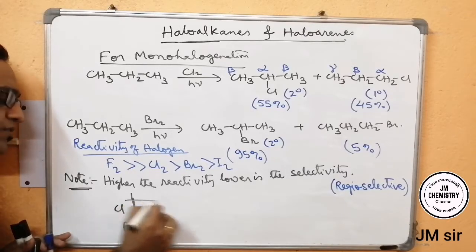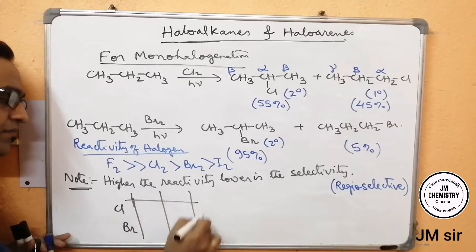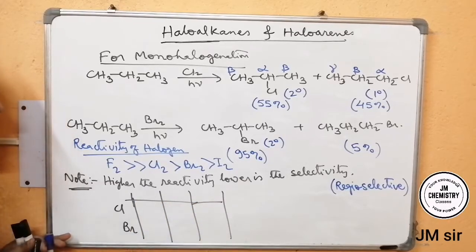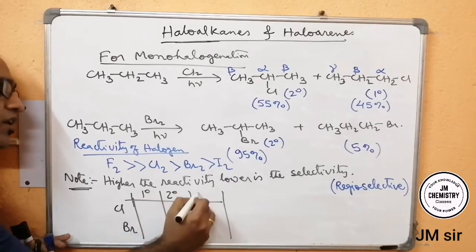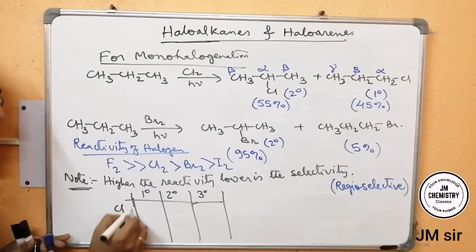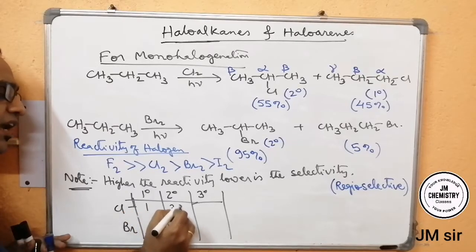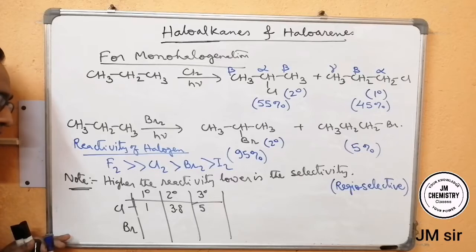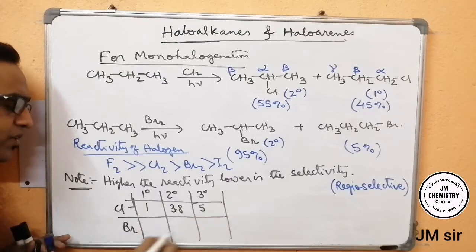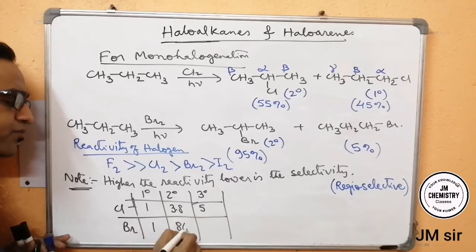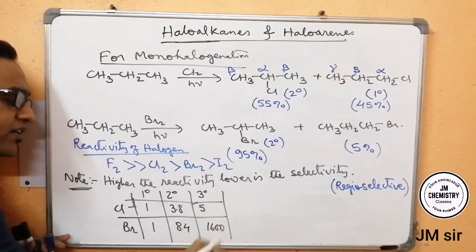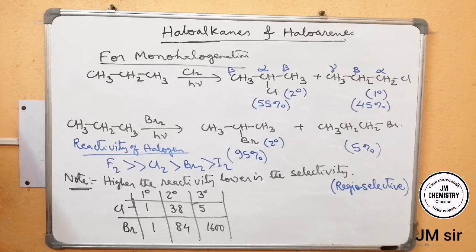What is the order of selectivity for chlorine and bromine? For 1 degree product, for 2 degree product, for 3 degree product. For chlorination, the selectivity order is 1:3.8:5. Whereas for bromination, it is 1:84:1600.